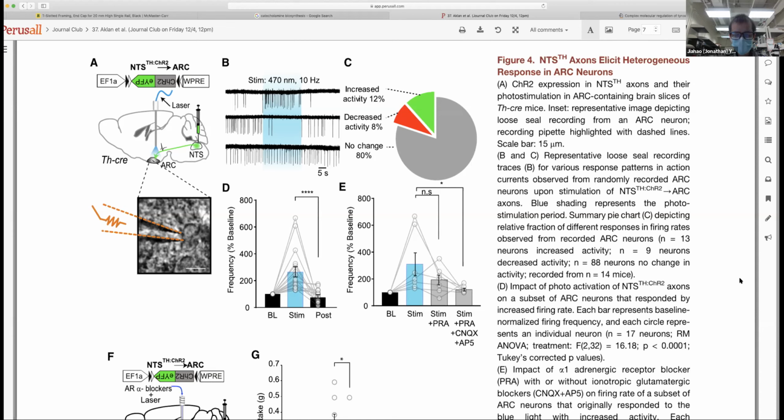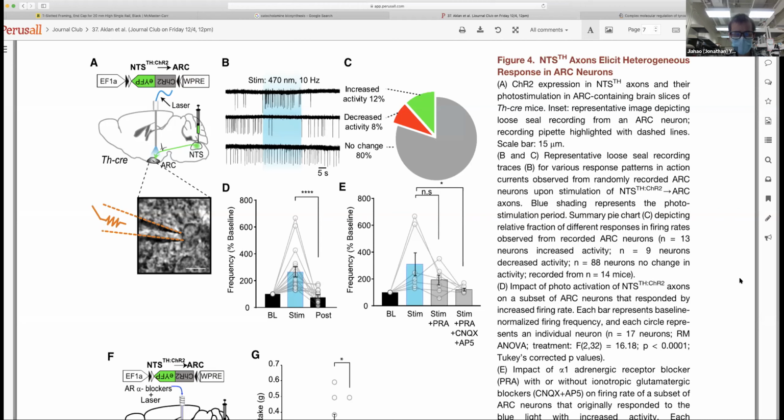And then they start with B. You have the stimulation with blue light, 10 hertz, for maybe 20 to 30 seconds. You will see examples of traces from top to bottom.